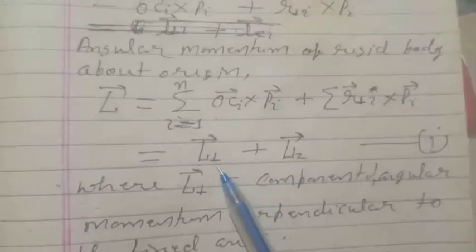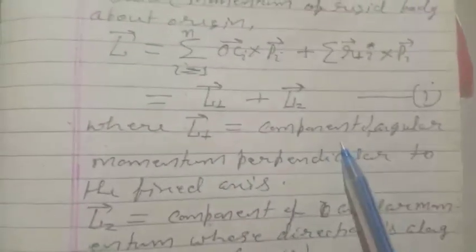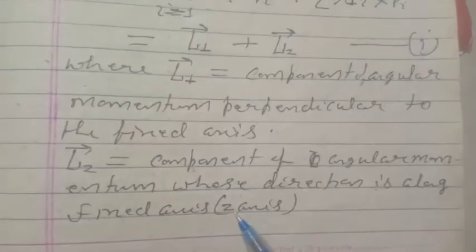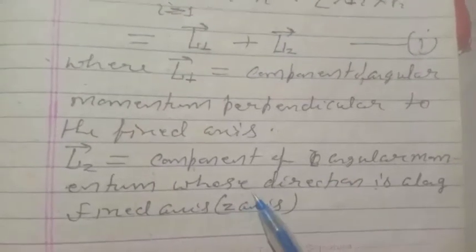Now this is written as L perpendicular plus LZ vector, where L perpendicular is the component of angular momentum perpendicular to the fixed axis, and LZ is the component of angular momentum whose direction is along the fixed Z axis.